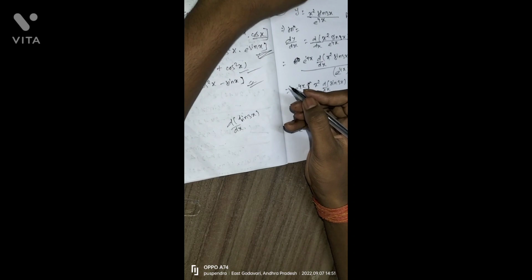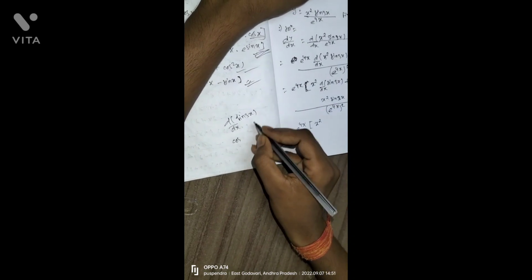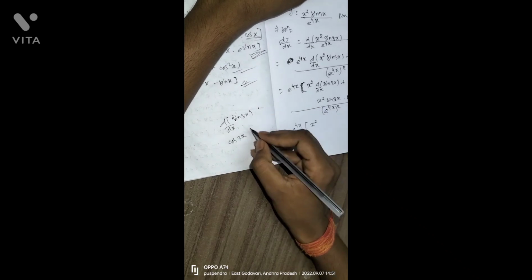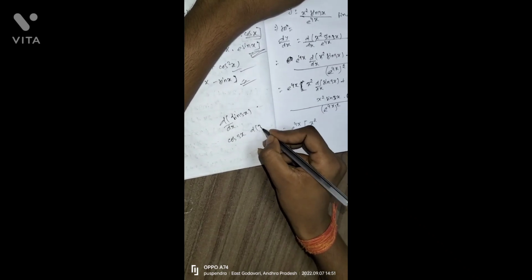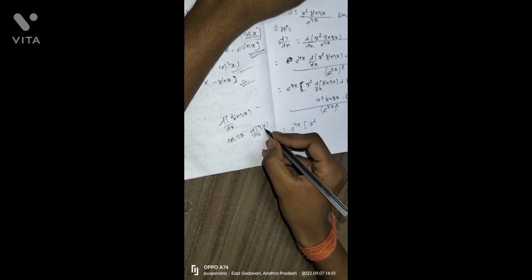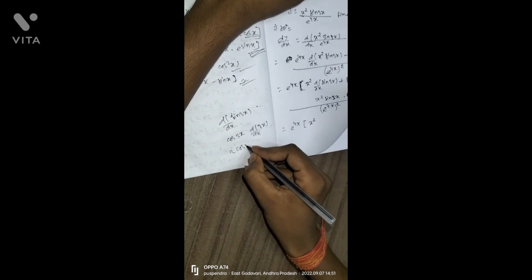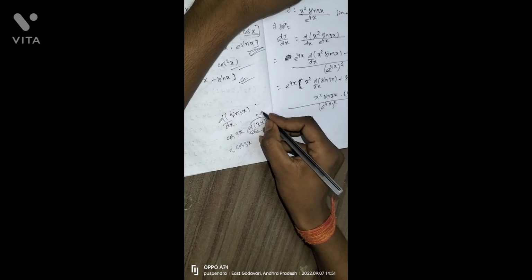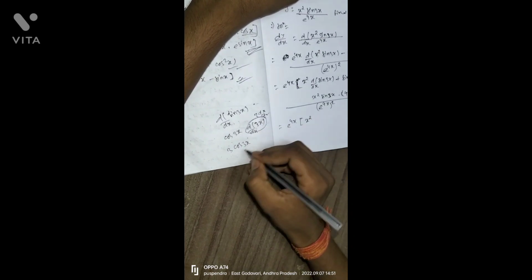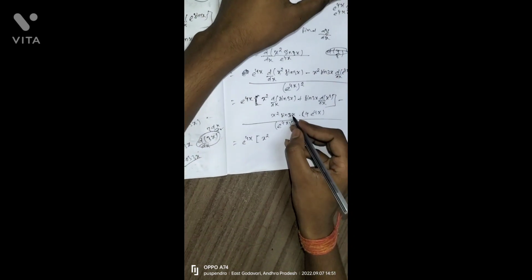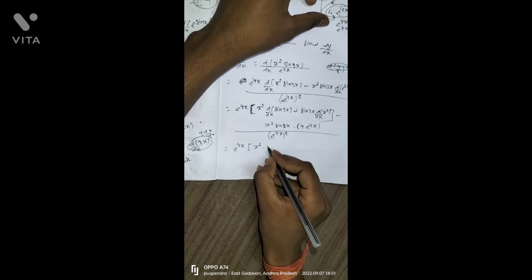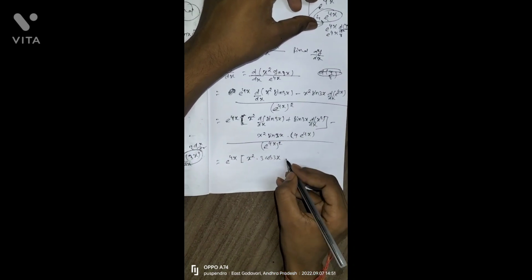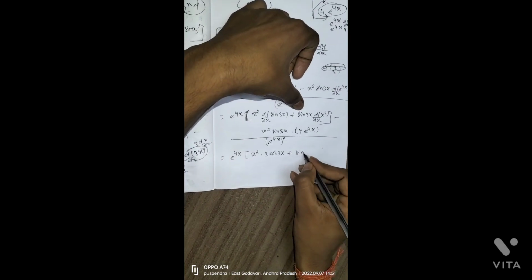The derivative of sine is cos, and here the angle is 3x, and then d of 3x by dx also. 3 will be outside, so 3 cos 3x. Now write sine 3x: its derivative will be 3 cos 3x. Okay, 3 cos 3x plus sine 3x.